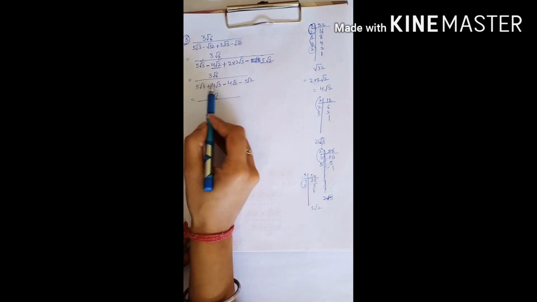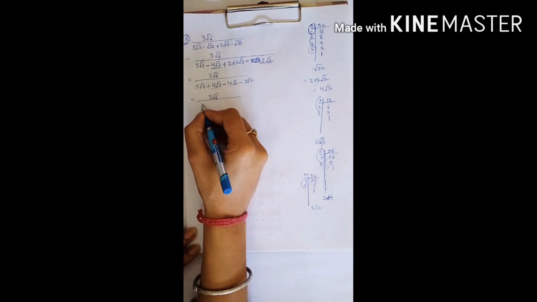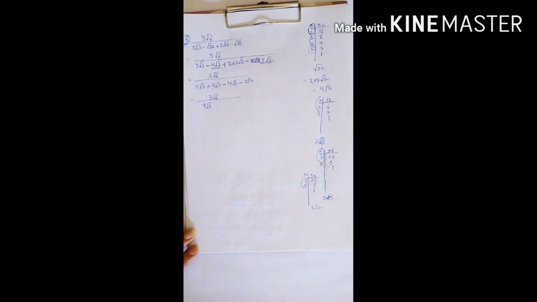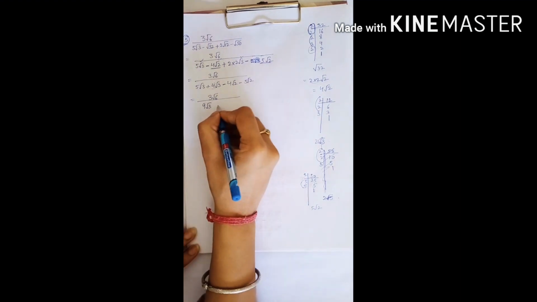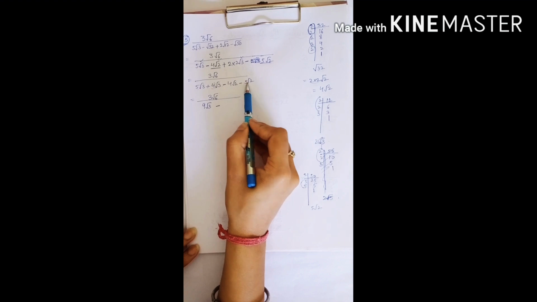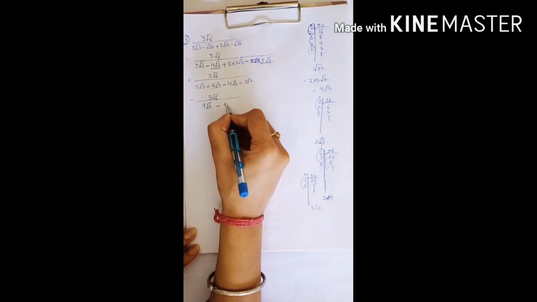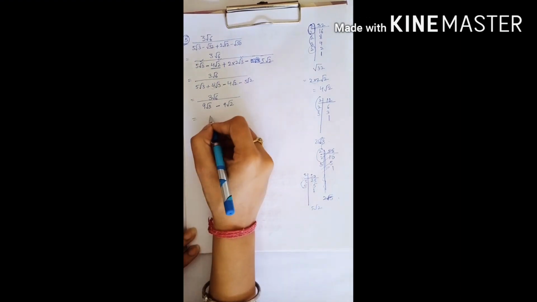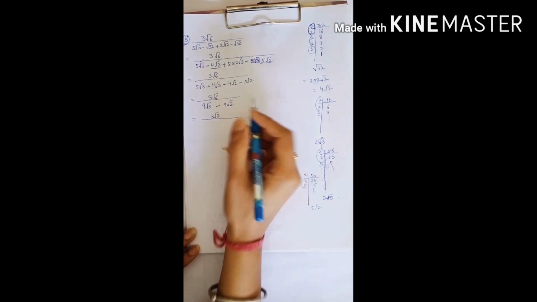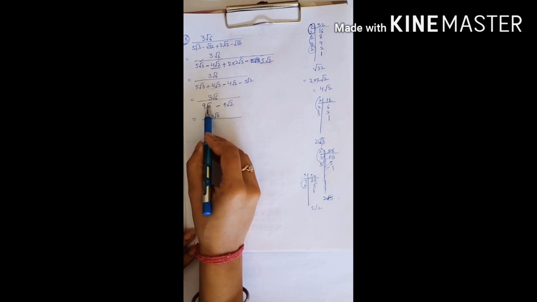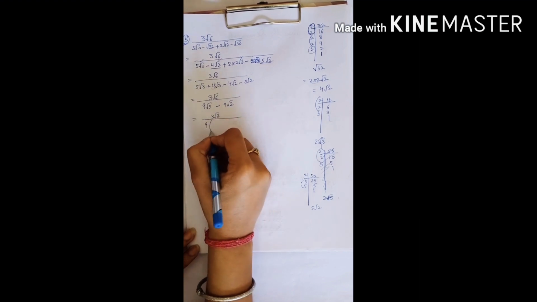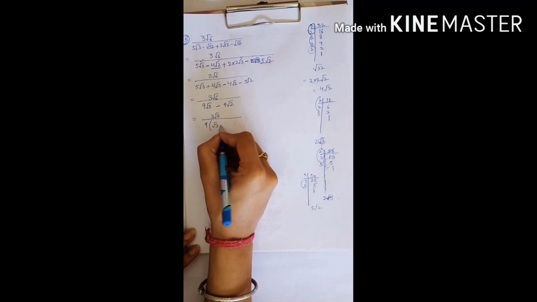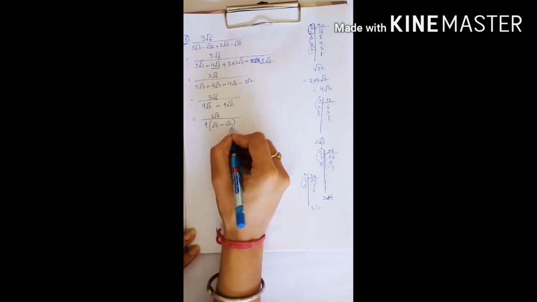Just look at the natural numbers. 5 plus 4 is 9 and root 3 we will write with it in multiplication. Here minus 4 minus 5 is minus 9, so it is minus root 2. Okay, now here see, 9 is common in both the numbers, so I am taking 9 common. What I will get is root 3 minus root 2.